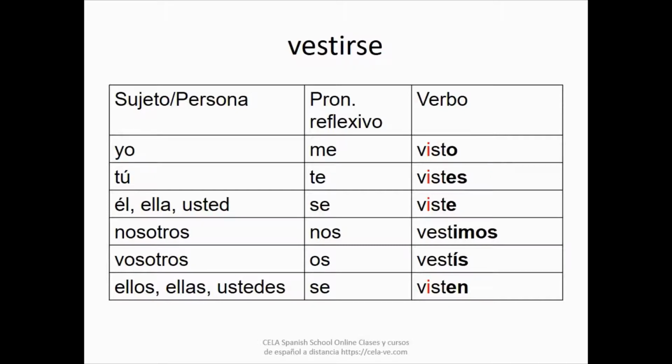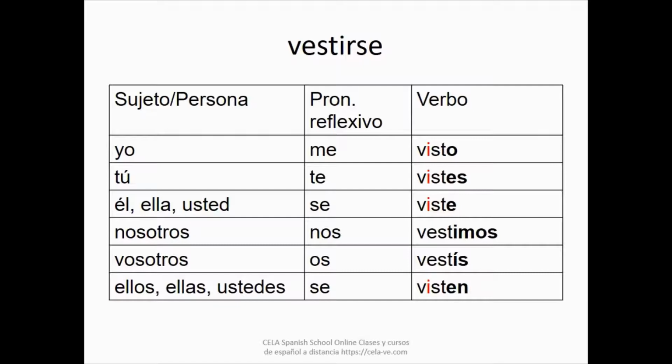It also has a vowel irregularity in the root. It changes from e to i in some persons. Me visto, te vistes, se viste, nos vestimos, os vestís, se visten.